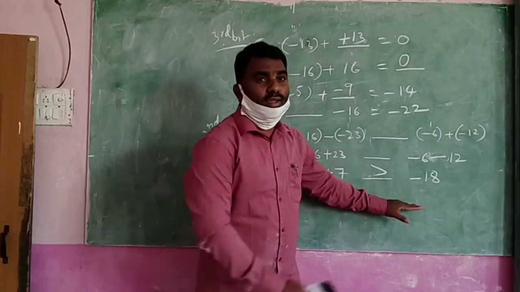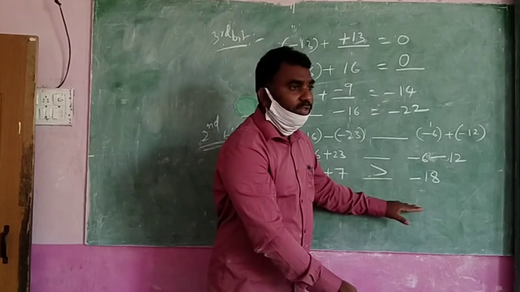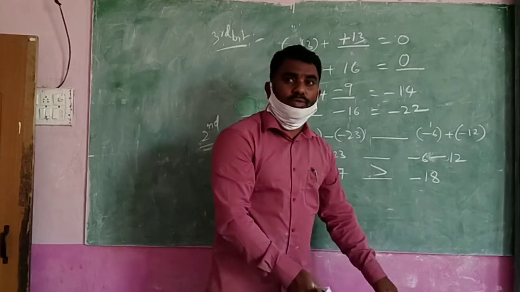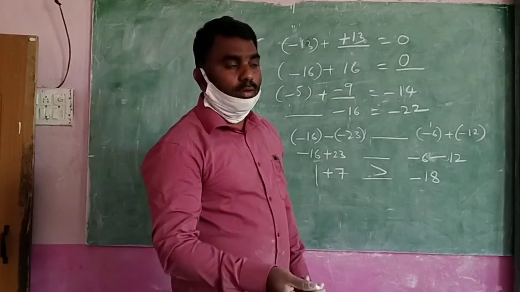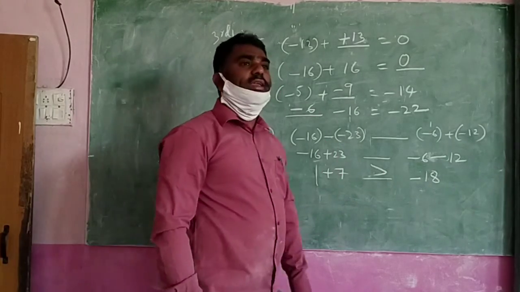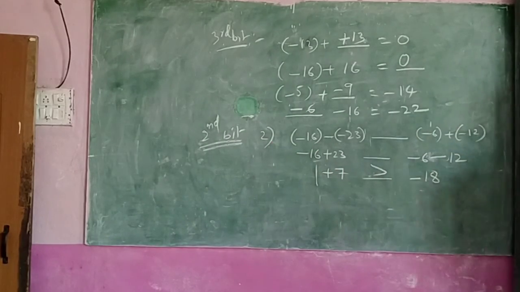Minus 22 is where? Up or down? Down. So you have to go down only, no? Yes. How many steps down? 6 steps. Down means what symbol? Minus. How many steps? 6 steps. That's why the answer is minus 6. You understand? Clear?